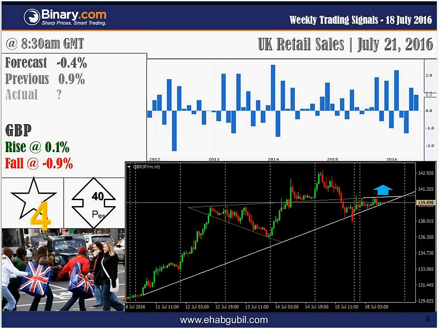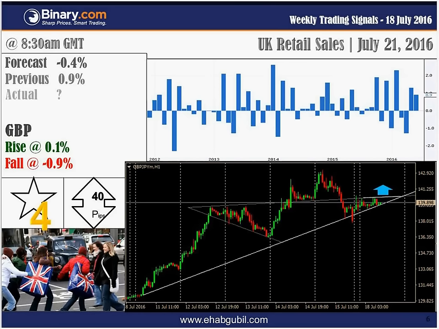It's forecasted at minus 0.4%, previous release at 0.9%. The monthly retail sales report is a direct measurement of consumer activities at the retail level. A higher release is generally good for the economy and for its currency. A lower release is considered negative for the economy and for its currency.